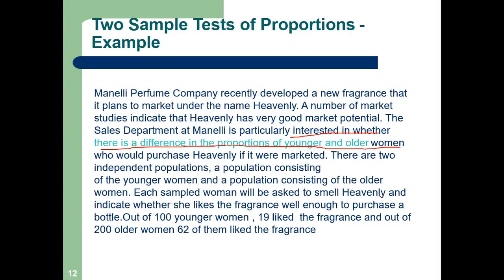Everyone will be given the fragrance, and indicate whether she likes the fragrance well enough to purchase a bottle. Out of 100 younger women, 19 liked the fragrance. 19 said yes, we liked, and out of 200 older women, 62 of them liked the fragrance. This is the problem. Clear?